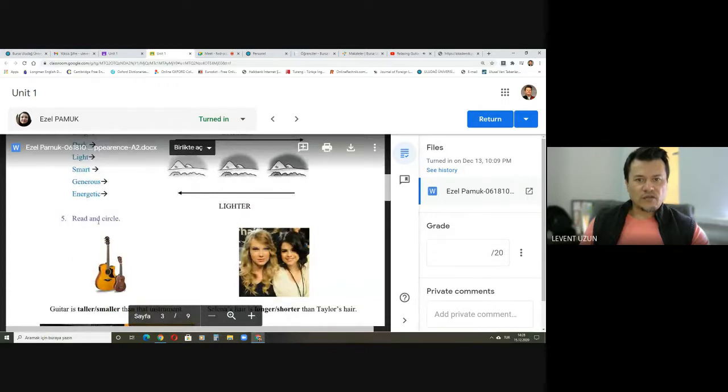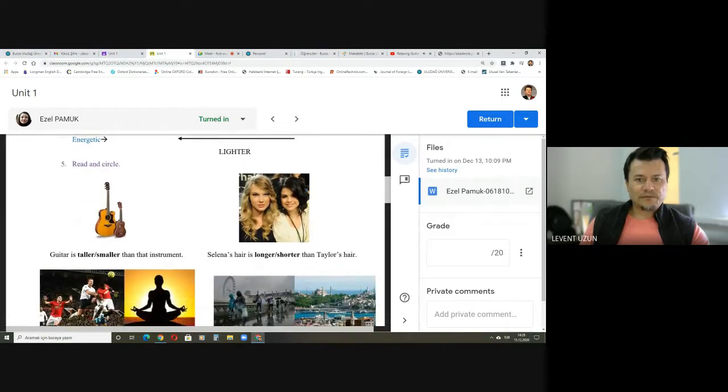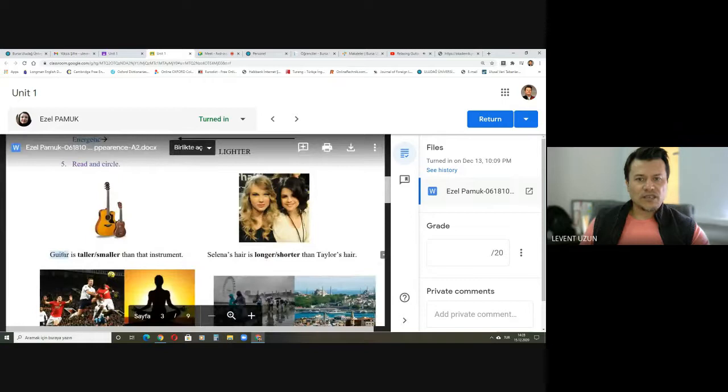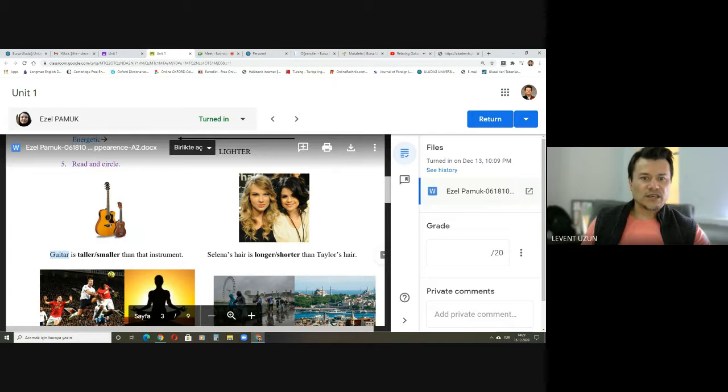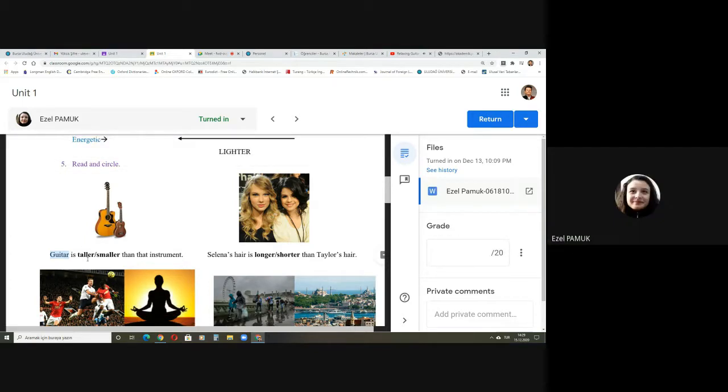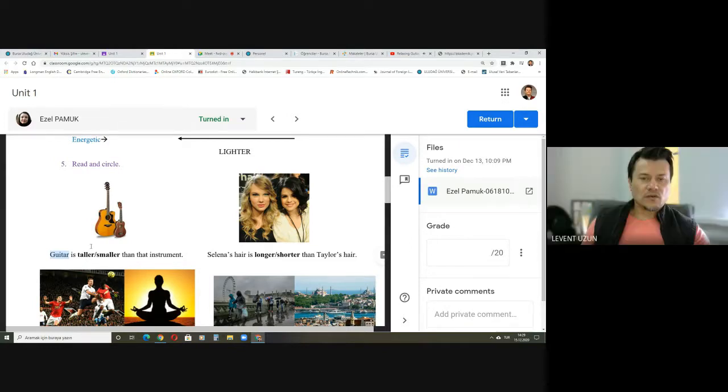Then the other one, read and circle. Guitar A is taller, smaller than that instrument. So these are 2 guitars. There are 2 guitars here. No, it is not a guitar, it's a ukulele in the front one. So this confuses me.